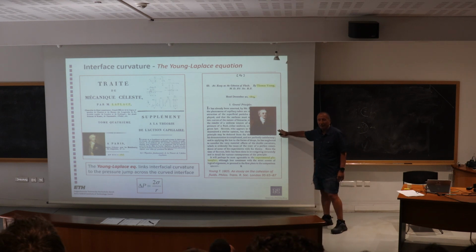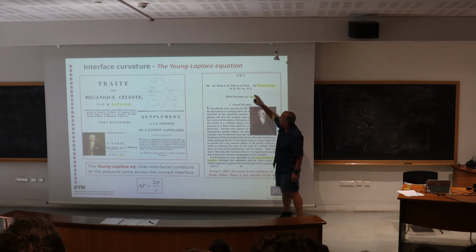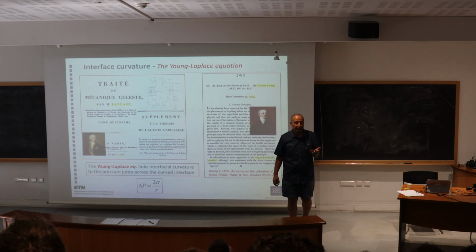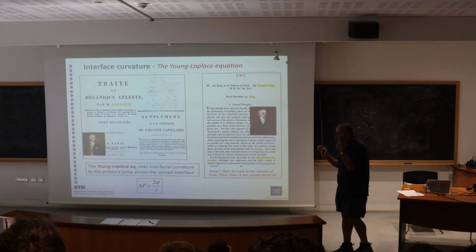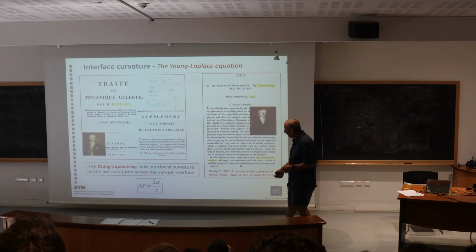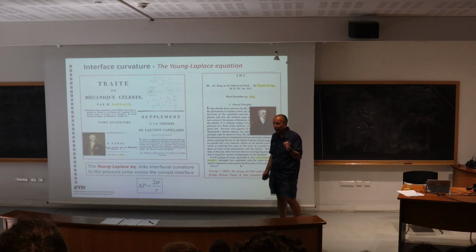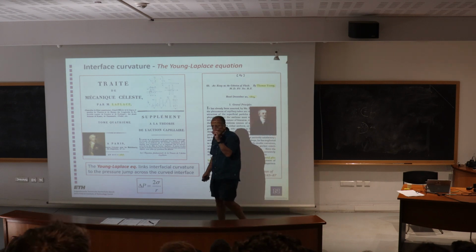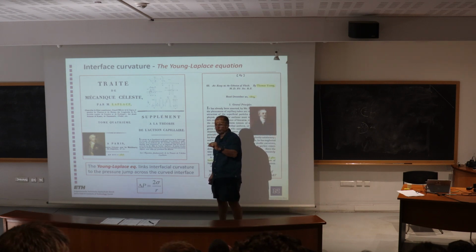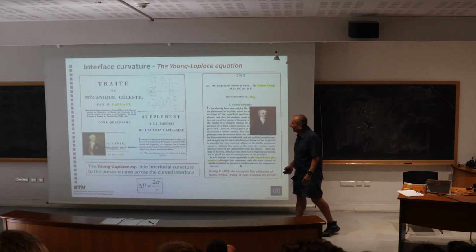Thomas Young, whom I mentioned earlier, in his essay on the cohesion of fluids, stipulated not only the emergence of a contact angle, but also the fact that when you have a curved air-water interface, you have a pressure jump across that interface, and the amount of pressure jump is inversely proportional to the radius of curvature. So think of it as a bubble. A small bubble will have much higher pressure than a large bubble in the same fluid or under the same conditions, okay?